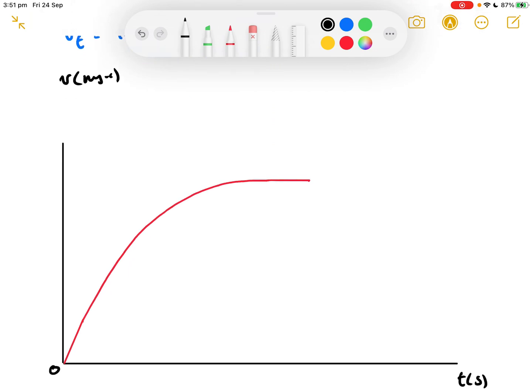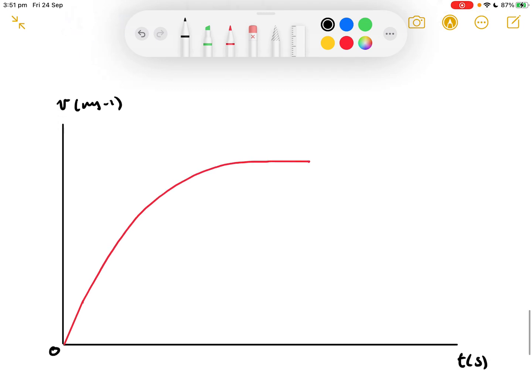If we then plot a graph of velocity against time, I'm imagining a parachutist here who jumps out of a plane, and initially he doesn't have his parachute open.